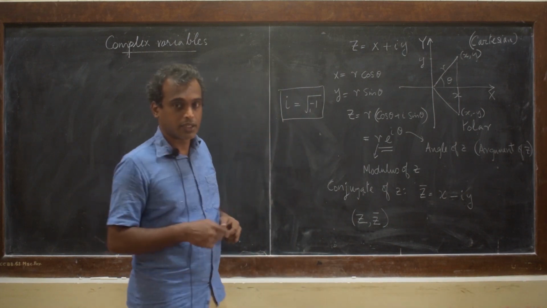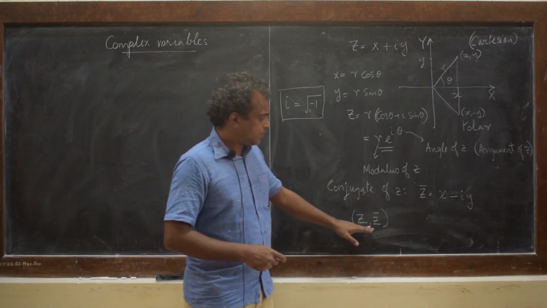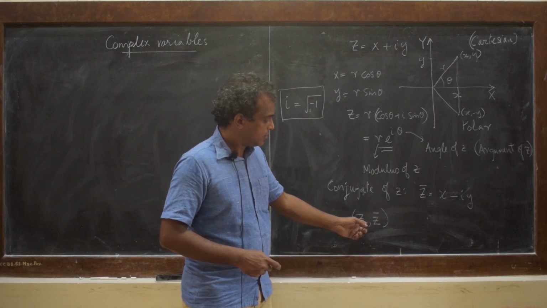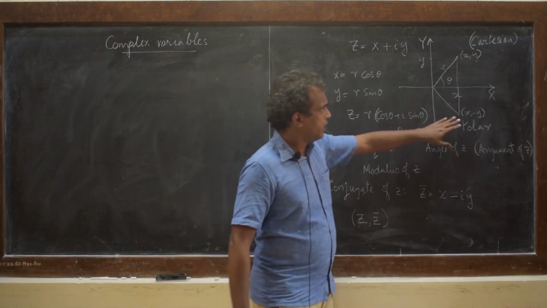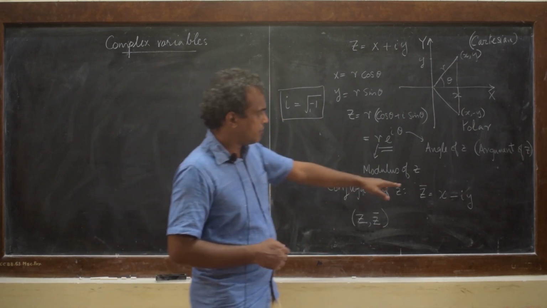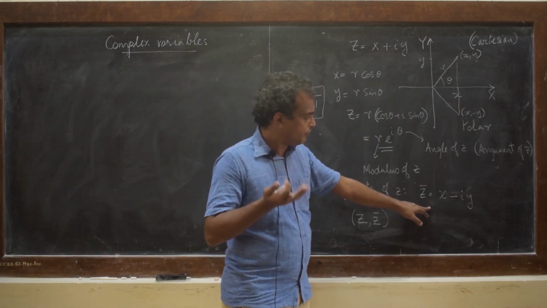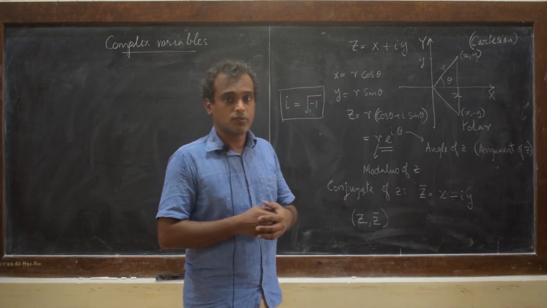Let me restate it. It might sound a little unnatural that we use z and z bar to represent any point on the complex plane. After all, when we look at z bar, we find that we can identify z bar provided we know z.